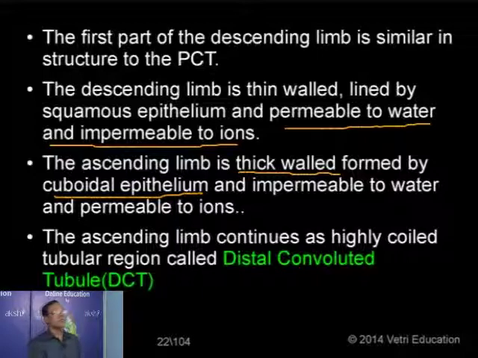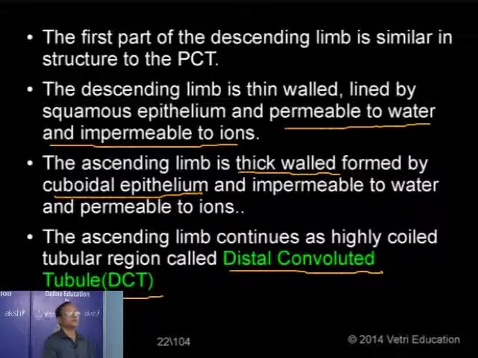Now, the ascending limb is continued as another highly coiled tubule, the posterior part, hence called the distal convoluted tubule, DCT. The arrangement of the ascending and descending limbs is responsible for maintaining the osmolarity of the filtrate, as far as the reabsorption takes place.